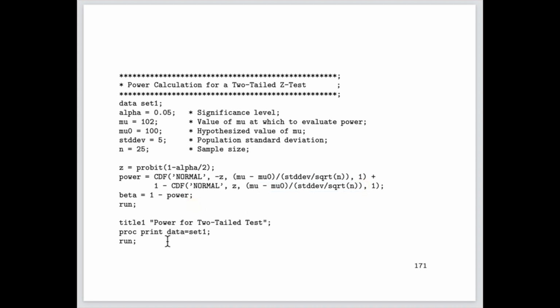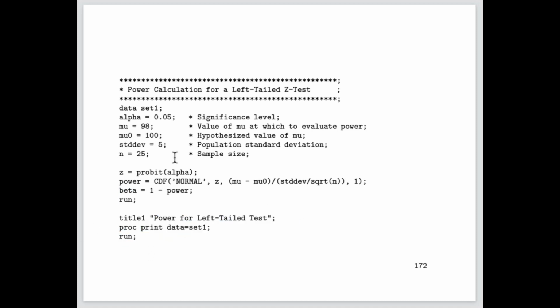Okay, and so then once we calculate power, then we can calculate beta by subtracting the power from 1. And then finally, once we have run that data step, we are going to print out the results using proc print.